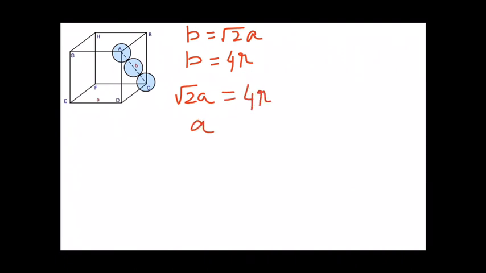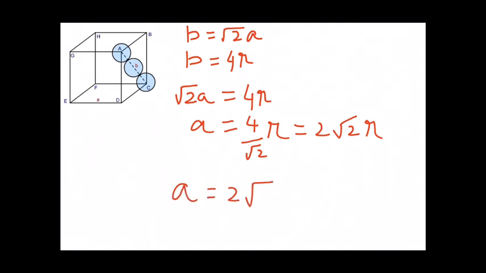So a is equal to 4 by root 2 r, that is equal to 2 root 2 r. That is, a is equal to 2 root 2 r. Now we have a relationship between the edge length a and the radius of the sphere r. a is equal to 2 root 2 r.